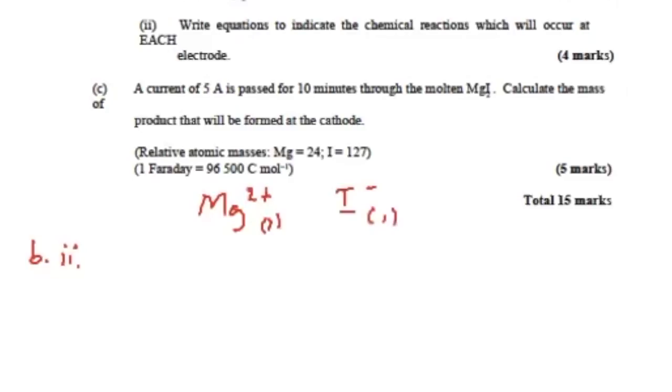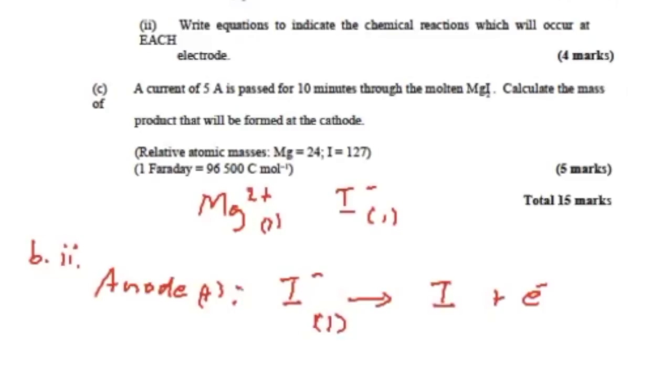So let's look at what happens at the anode. Since loss is taking place, let's look at that one first. That's what's producing the electrons. So that's the positive electrode. So we'll have the negative ions there, I- liquid, to give I and an electron.